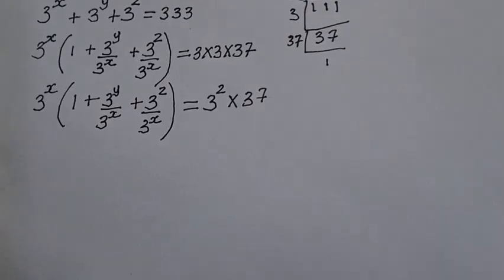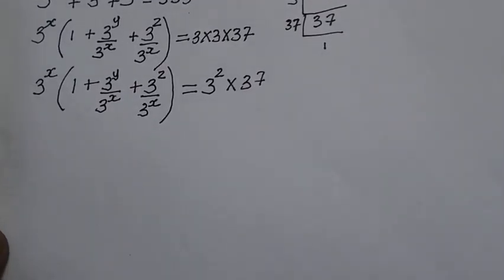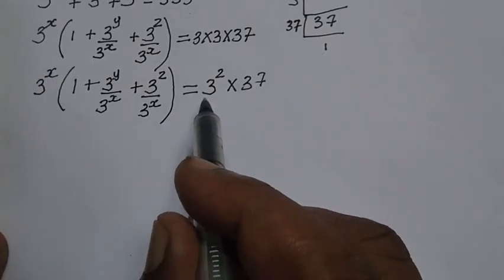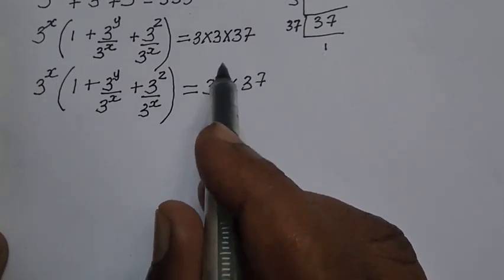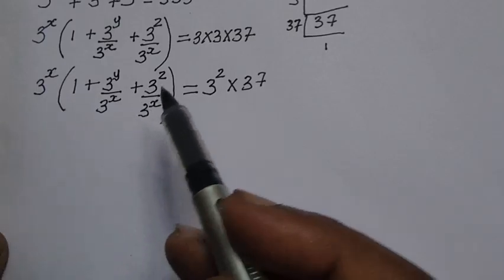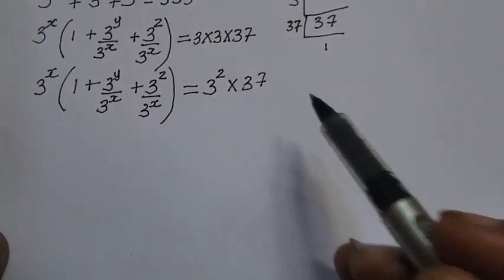Here, let's do comparison. Equate 3 raised to power x with this one, which is 3 power 2, and this stuff which is inside the bracket equate to 37.